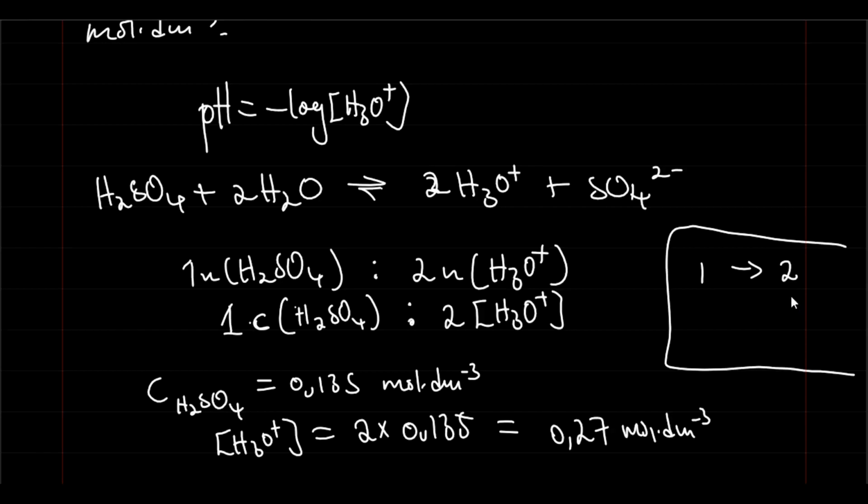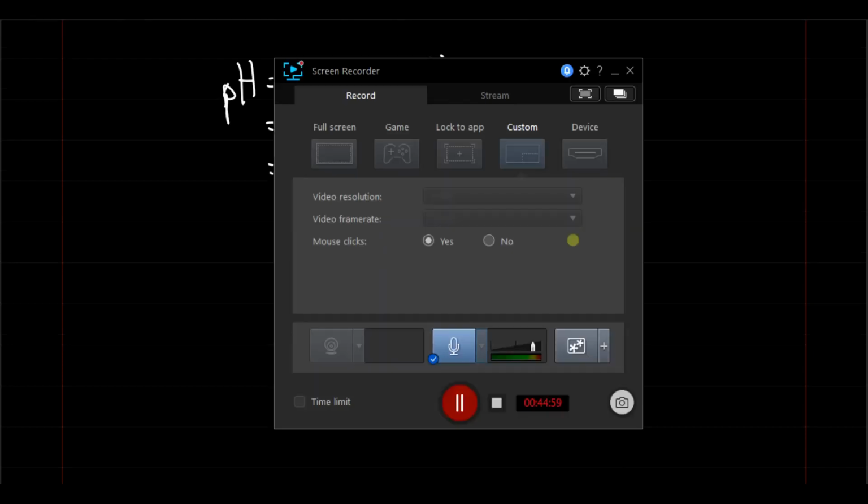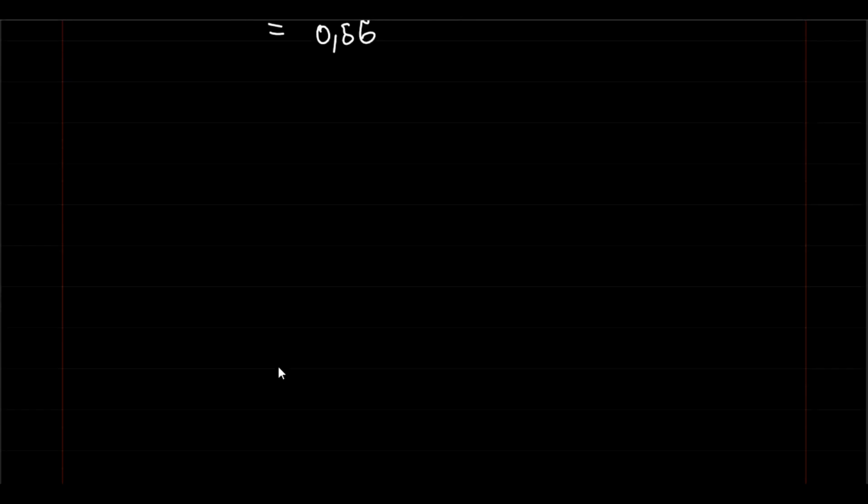I didn't have the concentration of hydronium here, so I put X. And here I have the analytical concentration of sulfuric acid, which is 0,135. If I cross multiply, I will have X times 1 giving me 2 times 0,135. You see why I multiplied this 0,135 by 2. This is the reason. Okay, guys, I am done with pH.